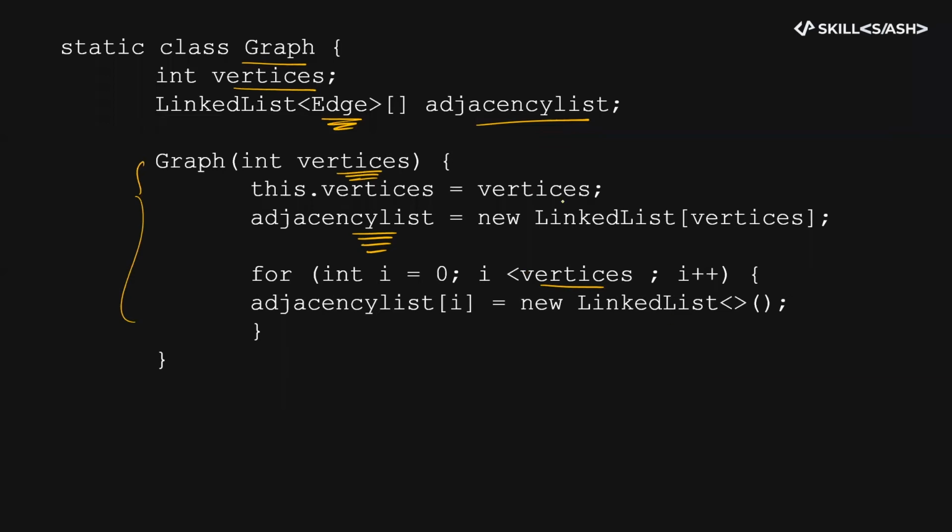And then whenever you want to fill it up, you can create an object of Edge and put it for the respective vertices. You don't have to create a linked list; you can create an array list as well. Both are simple things in Java.